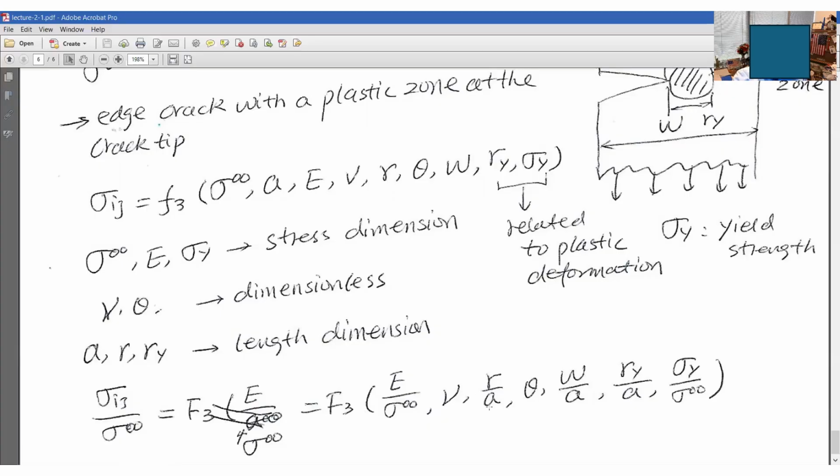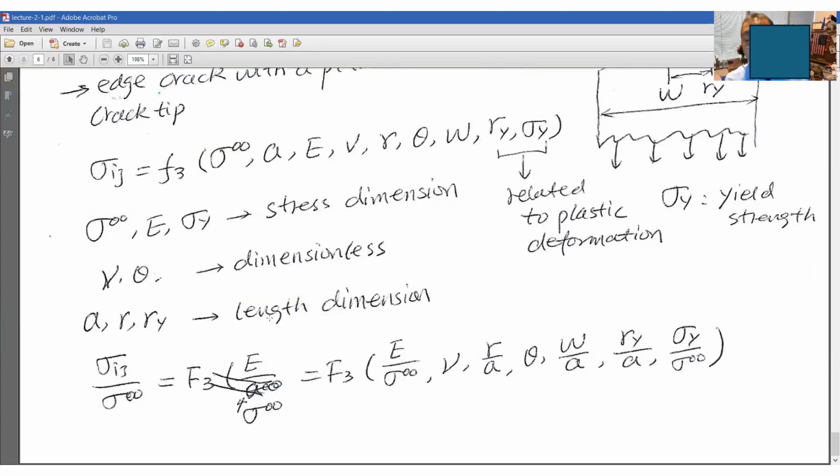R and A have the same dimension, and theta is dimensionless itself. W and A have the same dimension. Ry and A have the same dimension, and sigma y and sigma infinity have the same dimension. So then here, we just make all these variables dimensionless, right?